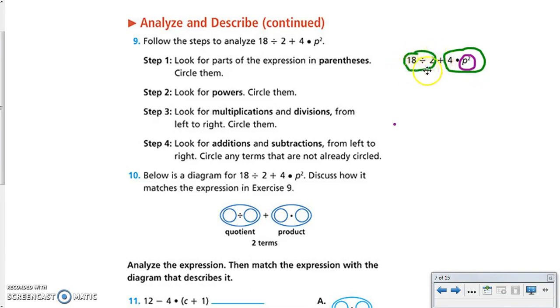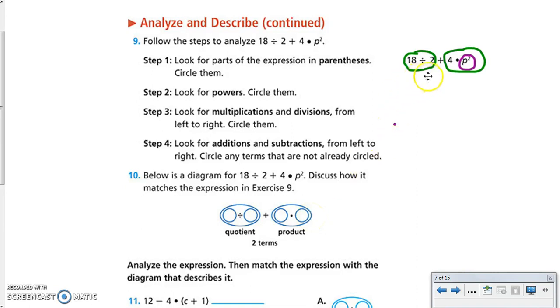So we have this whole term, 18 divided by 2, and this whole term. So again, here's my 18 divided by 2 term. That's a quotient because that's the answer to a division problem. And we have this term, which is the 4 times p squared. And when we multiply something, we get a product as an answer.